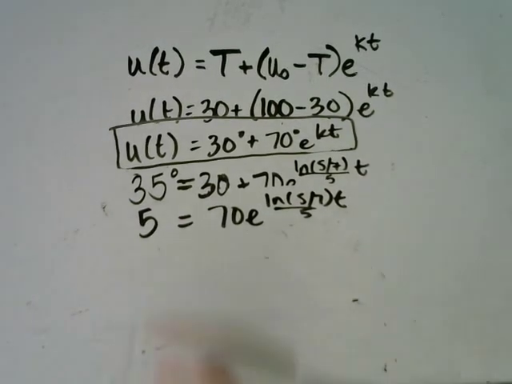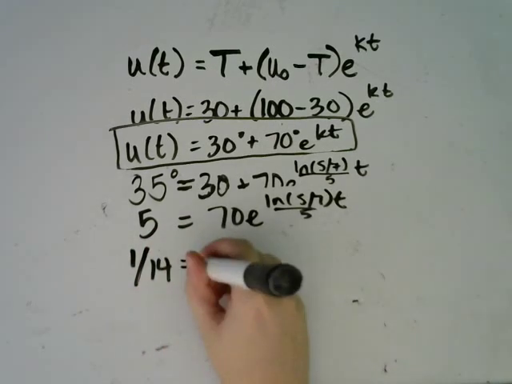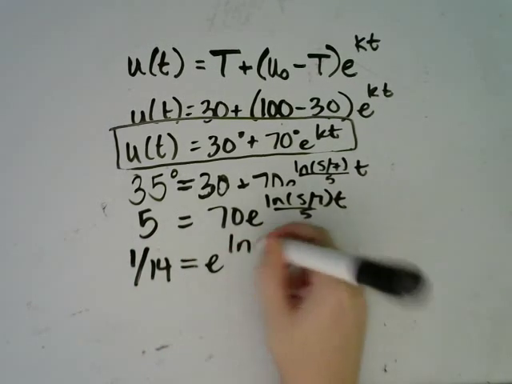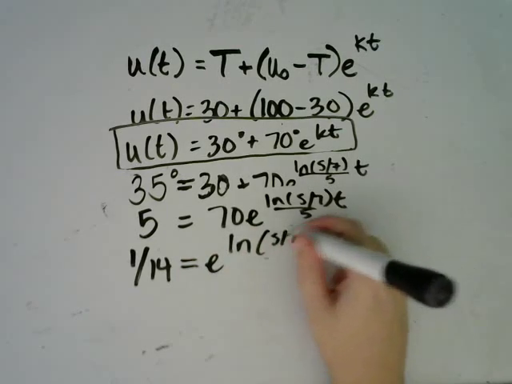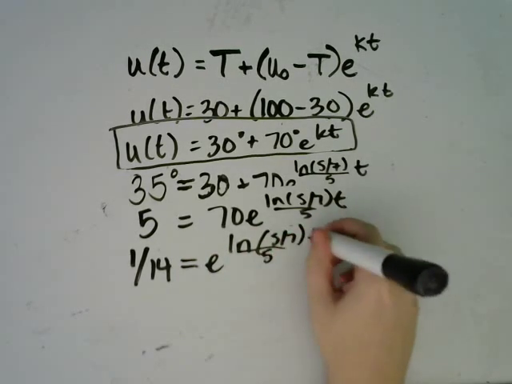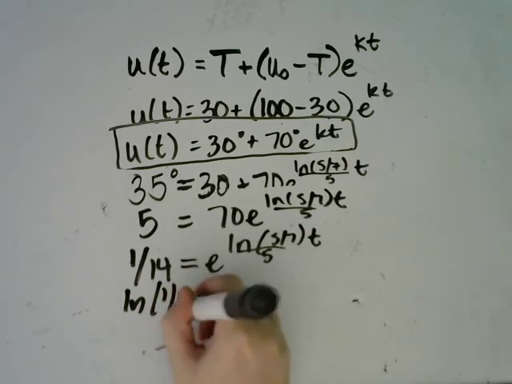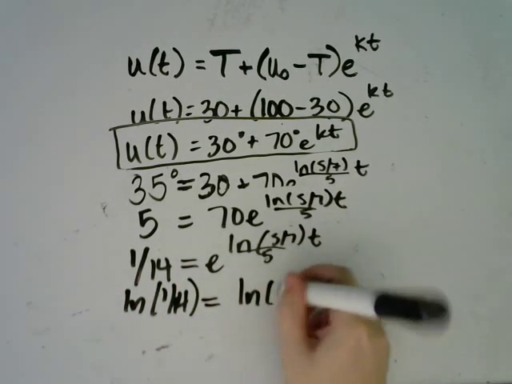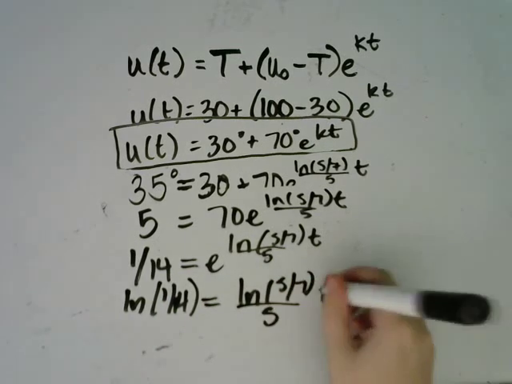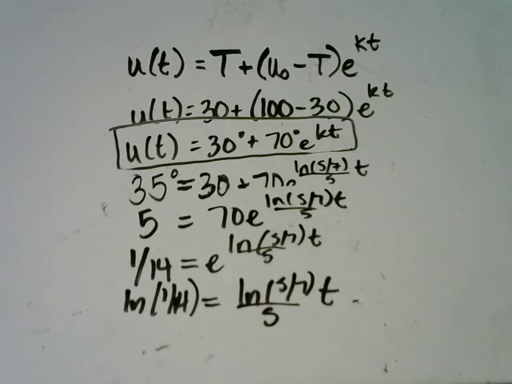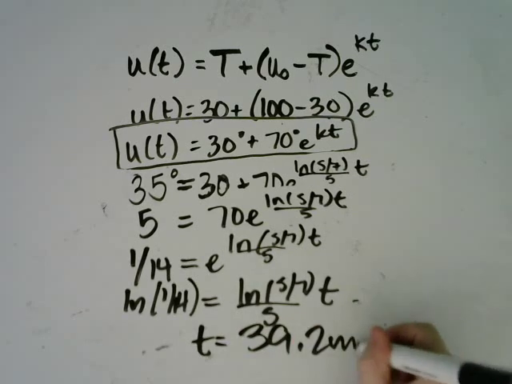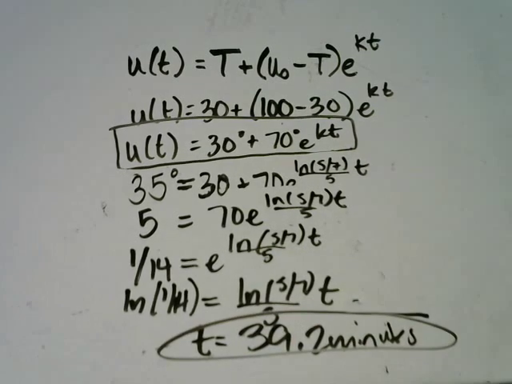And I'm using my calculator and I'm fractioning my answer because it is a decimal and it is not exact. I'm going to ln both sides. And I'm going to multiply by the reciprocal. And I find that it'll take 39.2 minutes for the object to reach 35 degrees Celsius.